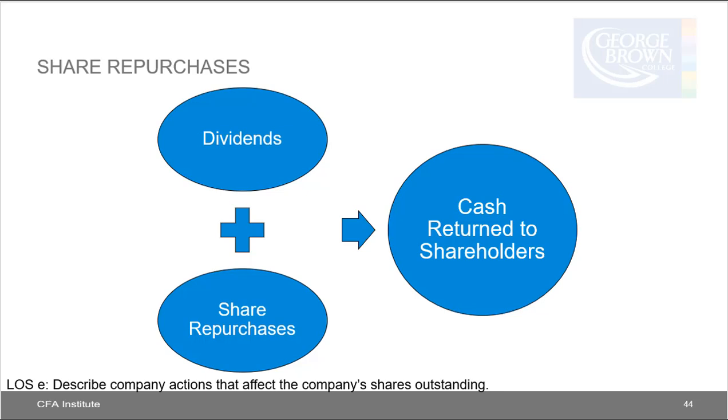So if it was an optional share repurchase and you didn't sell your shares back and other people did, that would effectively increase your ownership percentage. Anyhow, one of the questions they can ask is that share repurchases and dividends are very similar, because it's cash that's being returned to the shareholder.